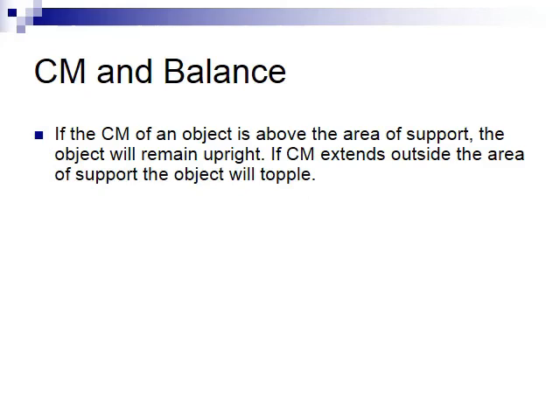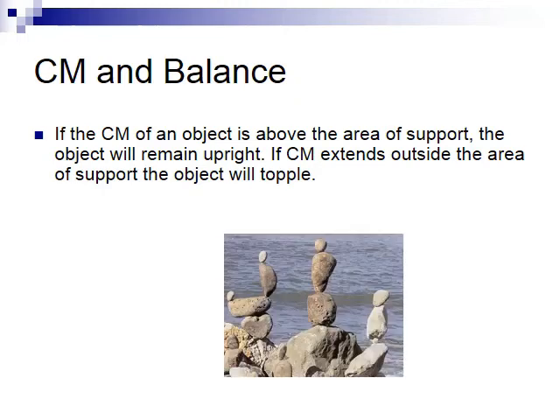The condition for stability or balancing an object is, if the center of mass of an object is above the area of support, the object will remain upright. If the center of mass extends outside the area of support, the object will topple, just like what you see over here.